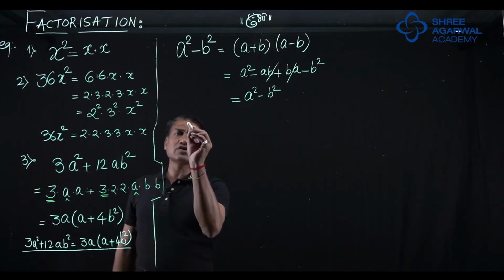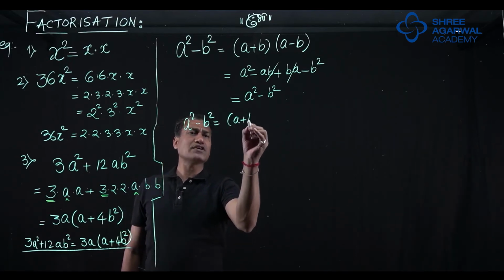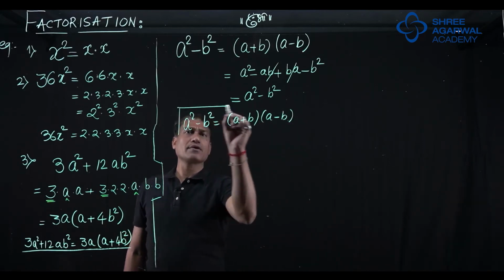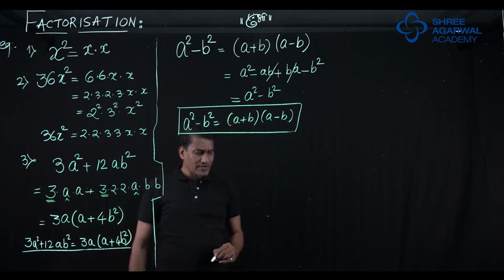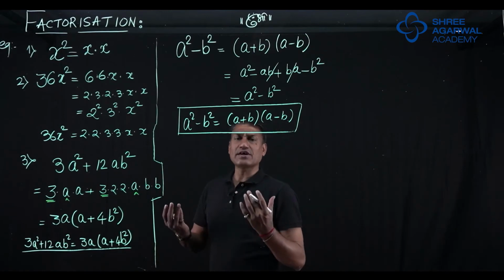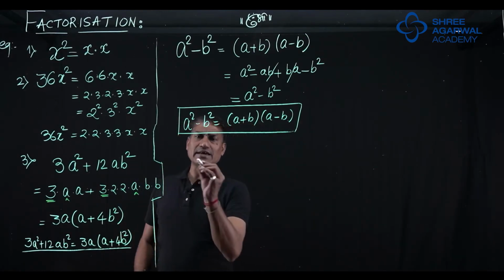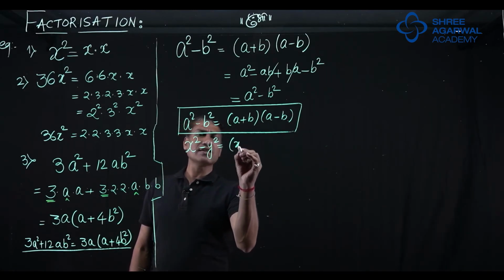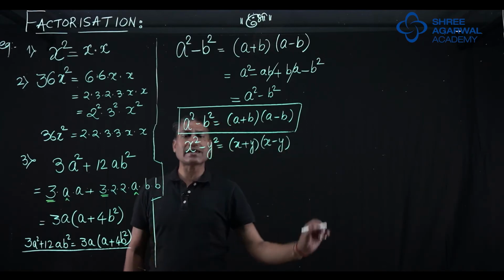So the factorization of a square minus b square is nothing but a plus b into a minus b. I think you have understood. Whatever they give instead of a and b, we can write it very easily. Like what are the factors of x square minus y square? They will be first term plus second term, first term minus second term.